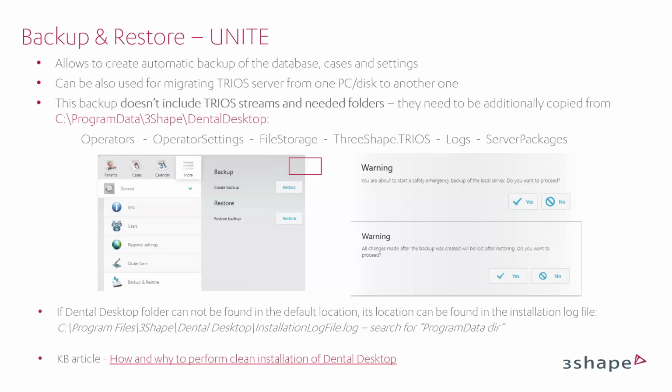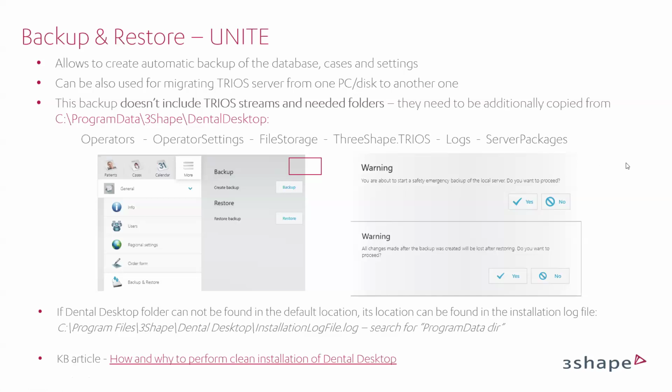You can see this backup doesn't include the Trias streams and needed folders, so they need to be additionally copied from this path. If you need to do the backup of streams, these folders should be copied: the operator settings, file storage, and Trias tree shape.